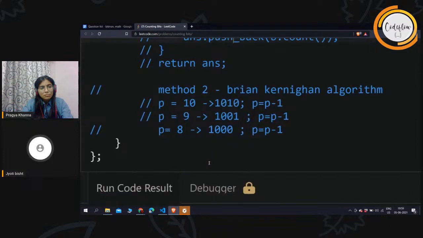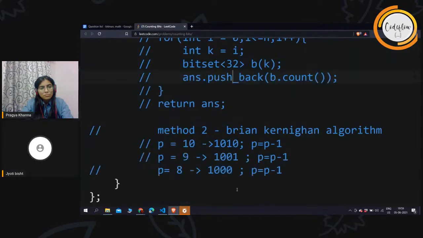So let me just tell you the difference over here. What I'm about to say might sound a bit confusing at first, but hear me out.